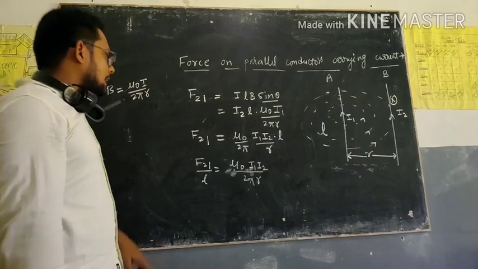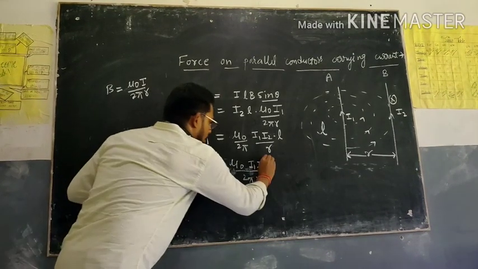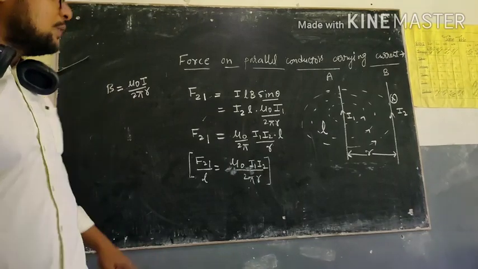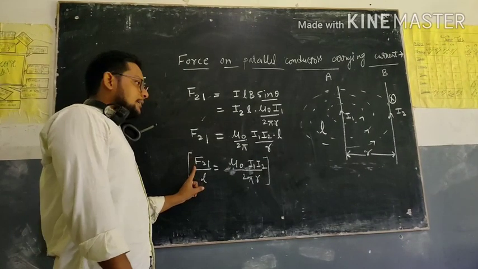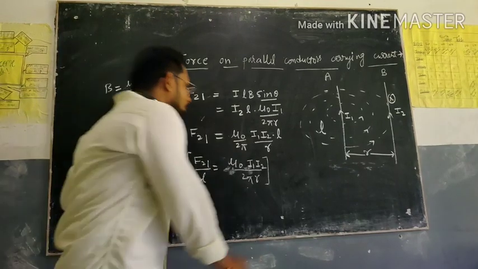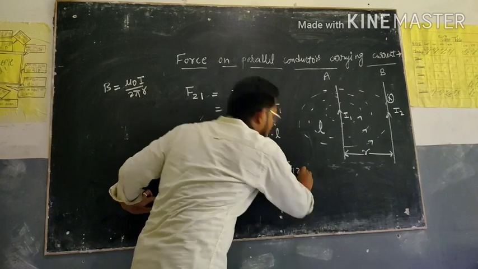This formula can be rewritten as mu naught I1 I2 upon 2 pi r. Which force is this? This force is on second conductor due to first.